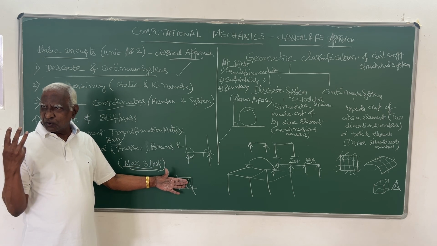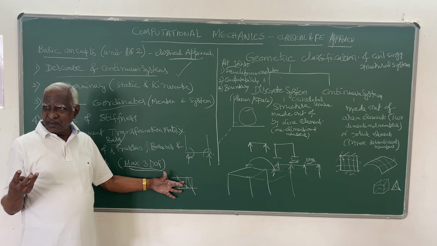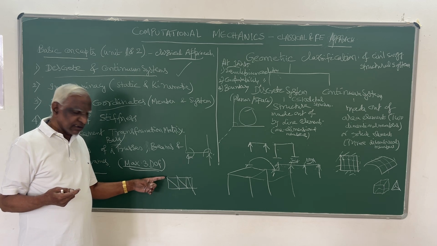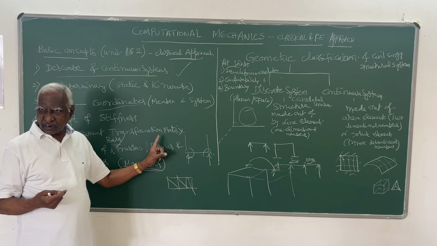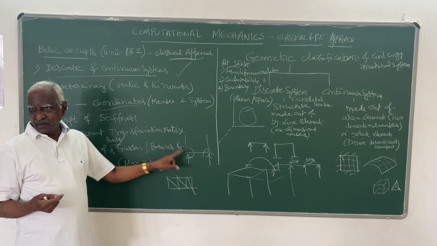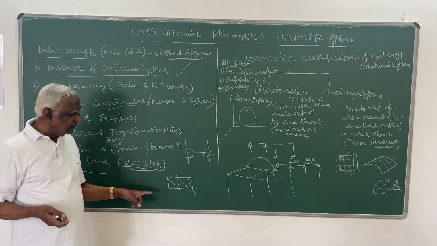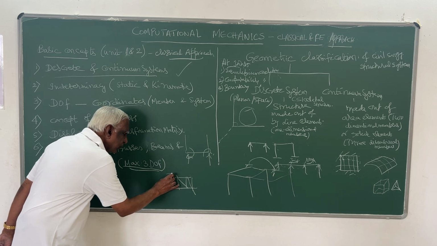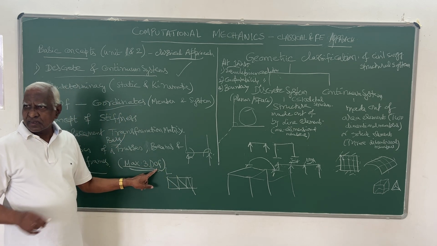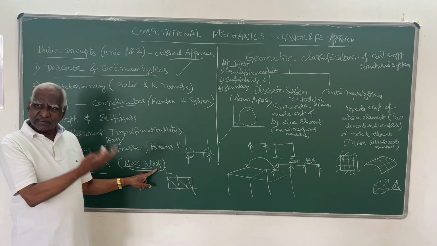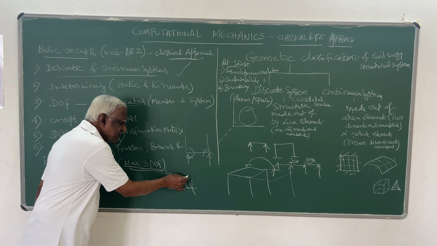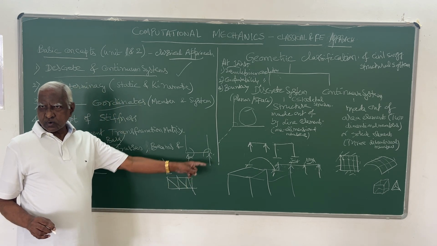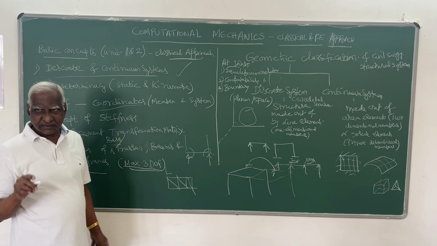Planar structure, I told you, only 3 displacements, that is translation, 2 translations, horizontal and vertical, and rotation in the z direction. So here only 2 translations are occurring because rotation is not being considered, because each of these truss joints or nodes, they are pin type of joints.